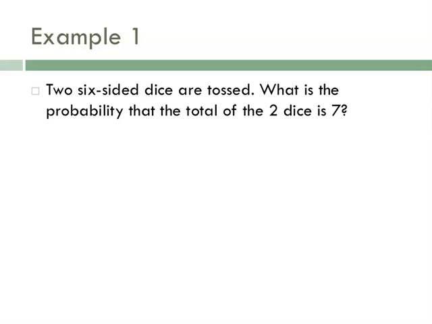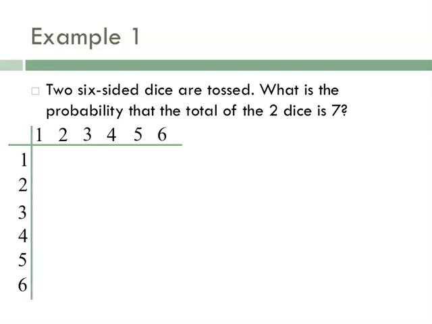So I'm going to go ahead and write out what all the possibilities are. So here's my first die. And here's my second one. And I'm writing it this way so that I can add the two together and come up with a whole table of possibilities. So if I add 1 and 1, that gives me 2, 2 and 1, that gives me 3, and so on and so forth.